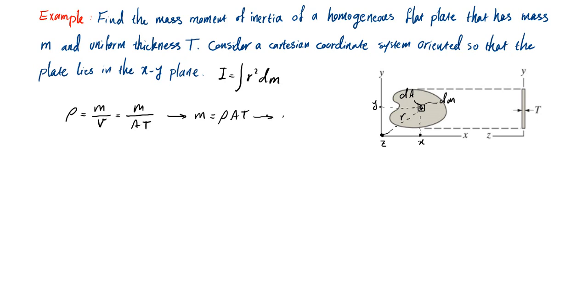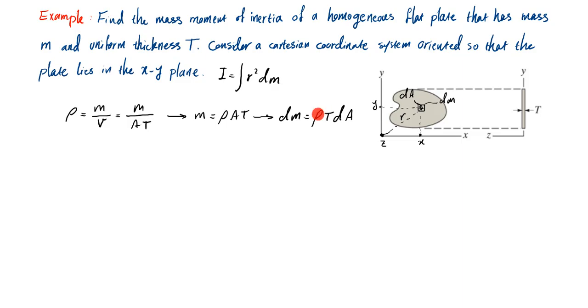Differentiate both sides, dm would be rho t dA, since the thickness is fixed, so there is no differentiation there. There is no change there, so it would be rho t dA, the area that is going to change based on what is the area of this flat homogeneous plate.